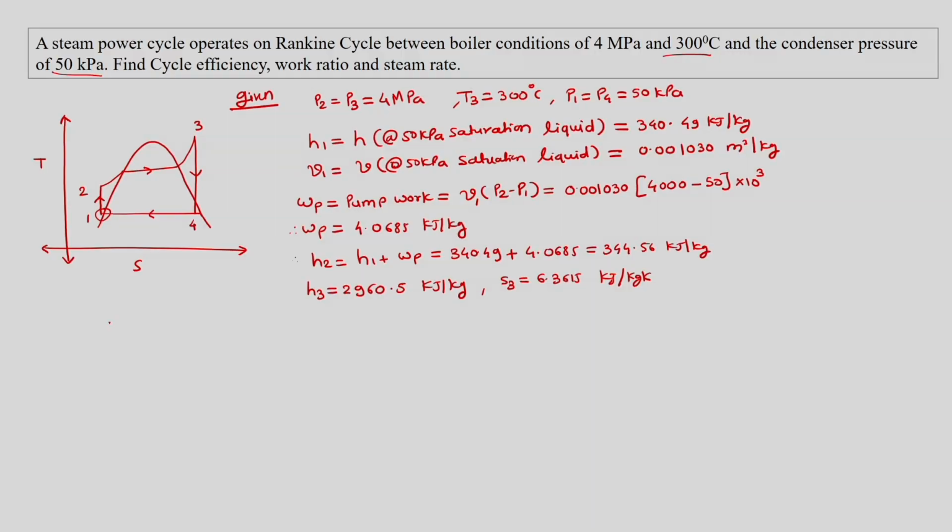Now we can find out the state 4, but for finding out state 4, we just first have to note the fact that S4 is equal to S3. Now how should we proceed here? We will go to the steam table, first the pressure part of the steam table, where we are told that the condenser pressure is 50 kilopascal.